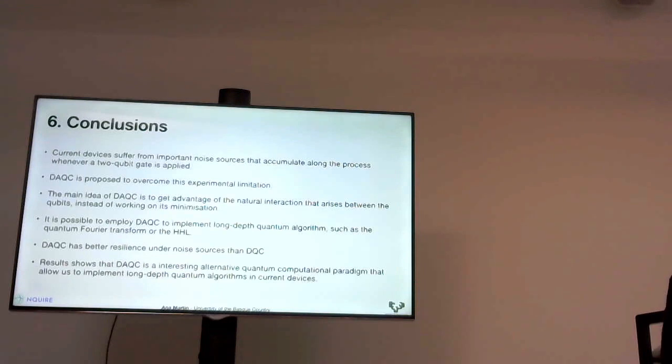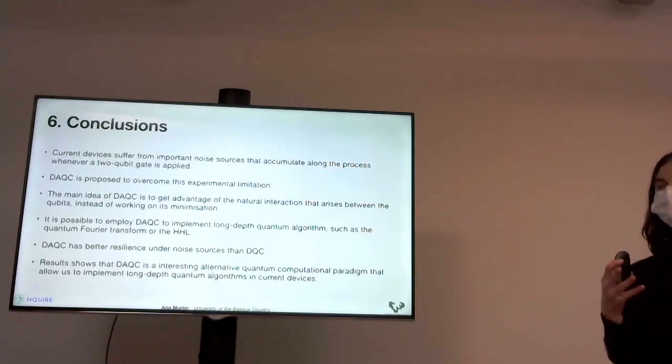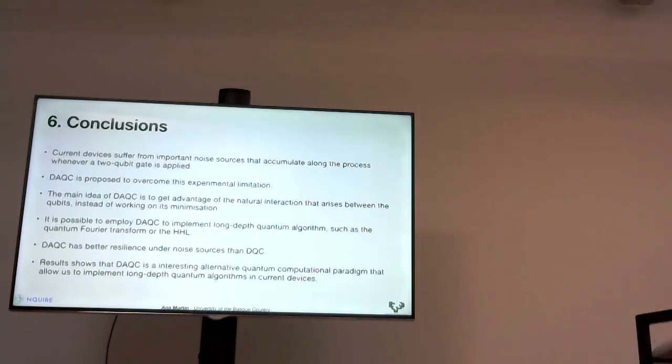We have seen that current devices suffer from important noises that prevent us from using them to implement long-depth quantum algorithms, and we propose digital analog quantum computing to overcome these experimental limitations. The main idea of this paradigm is to take advantage of the inherent interaction between the qubits instead of trying to minimize it.